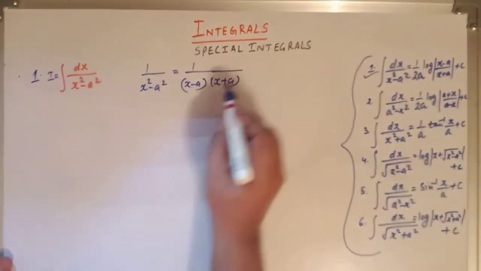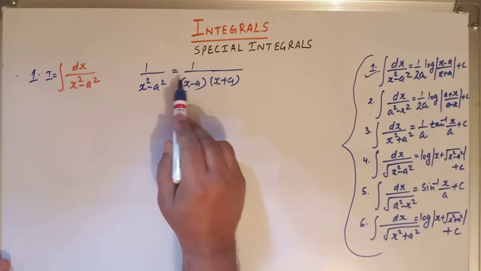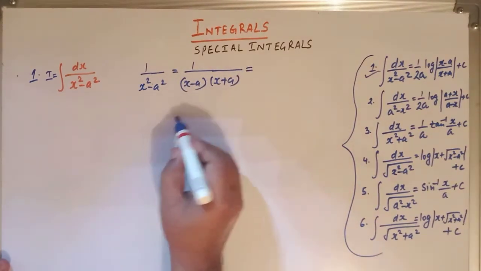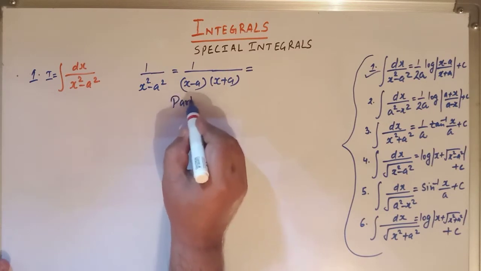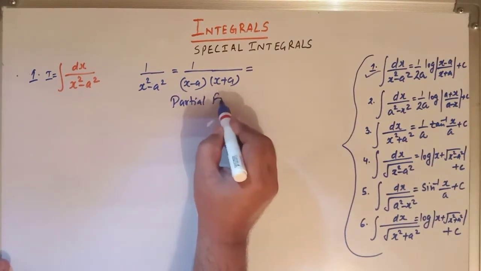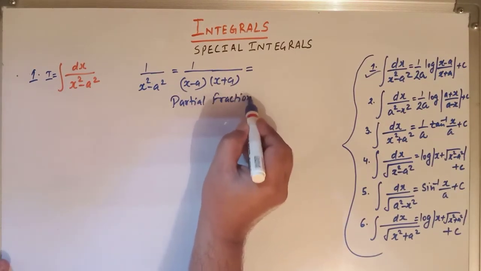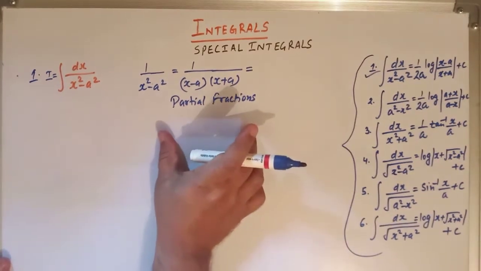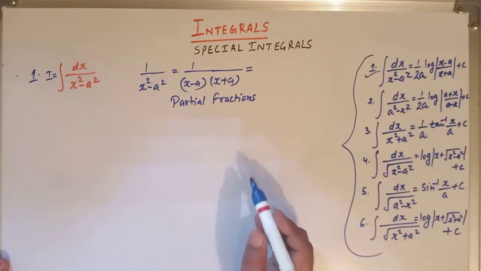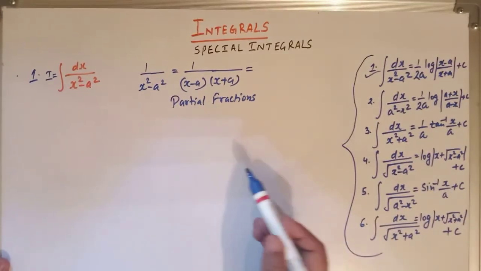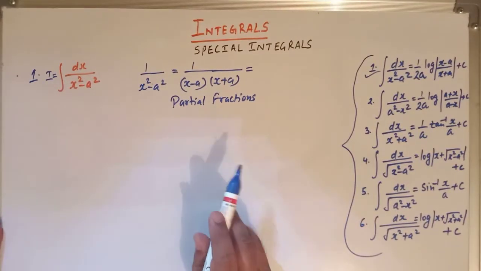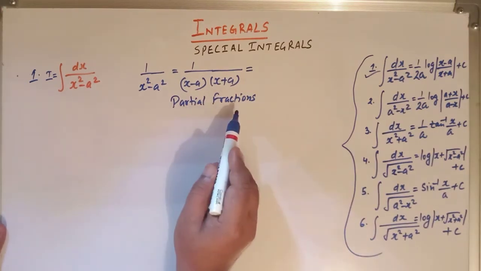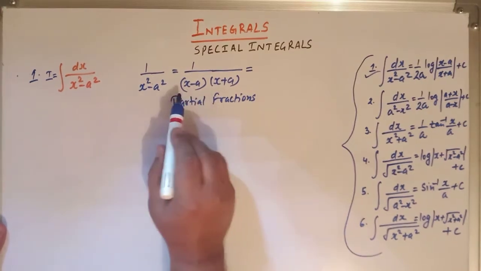Now here we can express 1 over (x minus a) multiplied by (x plus a) in terms of partial fractions. Now viewers, in my next lecture I will be dealing with the concept of partial fractions, but here I am telling you just the introduction to partial fractions. Clear?